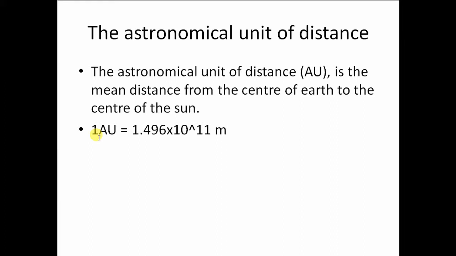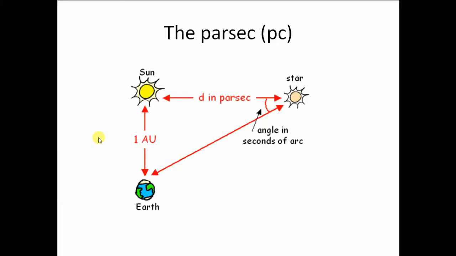Onwards to the next astronomical distance, and this is called the parsec. That is sort of like a play on words between stellar parallax and arcsec, or seconds of arc if you prefer. And basically this is how we can find a distance which is really far, normally used for far away stars and whatnot.